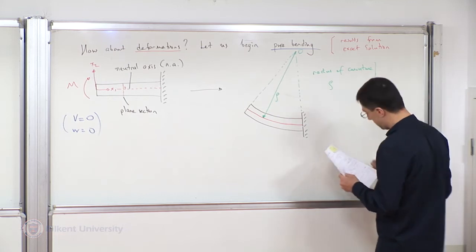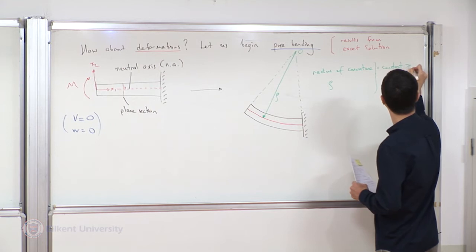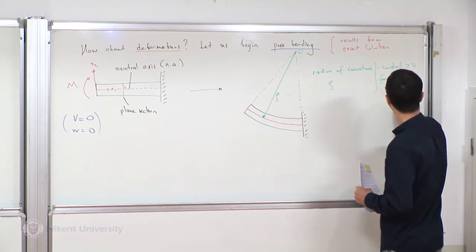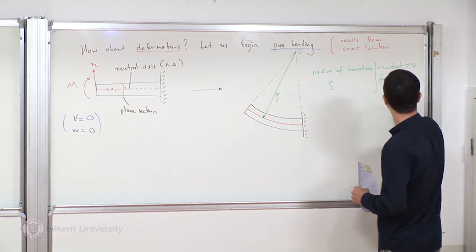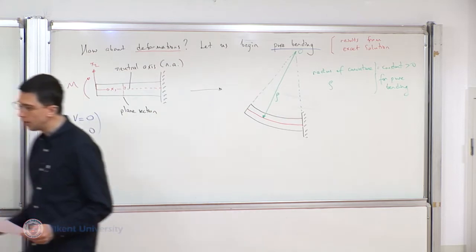And it is a constant and it is greater than 0, in this case, because we are in a case of pure bending. All right, good. So that's what's special about pure bending.